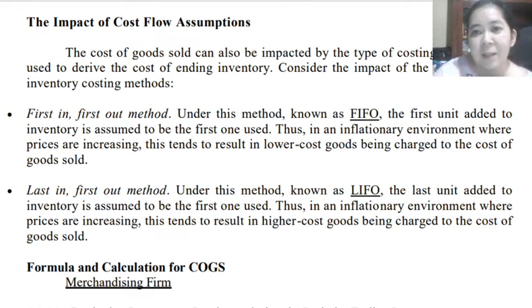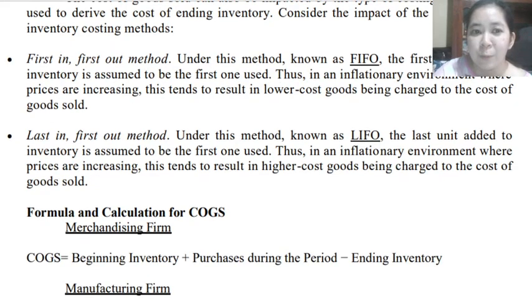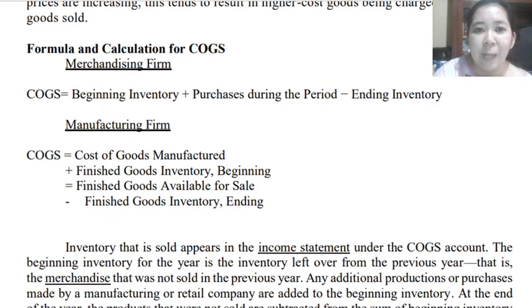Okay, so these are the cost or the impact of cost flow assumptions in the preparation of our cost of goods sold. So here we have the formula and calculation for our cost of goods sold. For a merchandising firm, this is what they usually follow. Beginning inventory plus purchases, the sum of this is what we call total cost of goods available for sale.